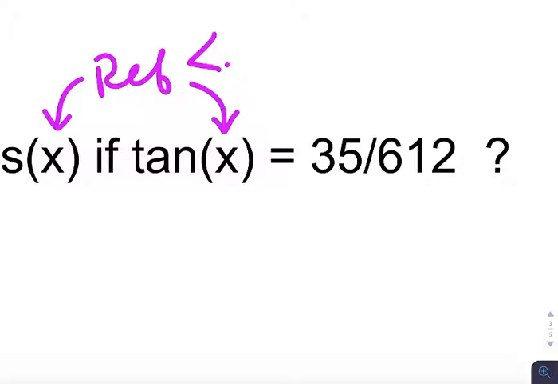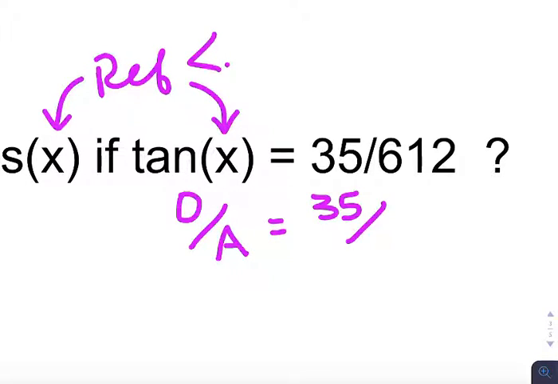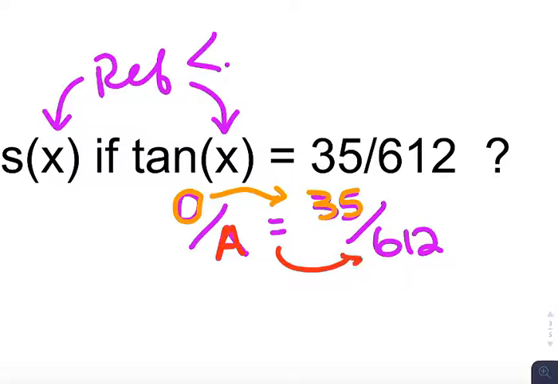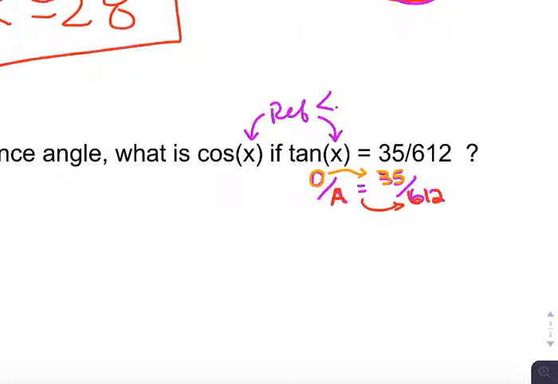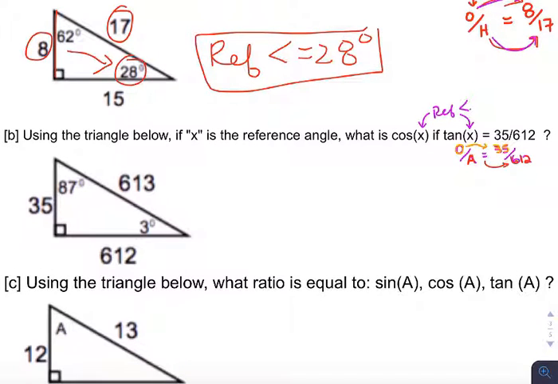And so if we recall, tangent defines a ratio, and that ratio is opposite over adjacent. That means 35 over 612 has to be opposite over adjacent. And locking it down piece by piece, that means the opposite has to be 35, and then the adjacent has to be 612. And so if we pop over here to our actual triangle, we can determine what angle that has to be.